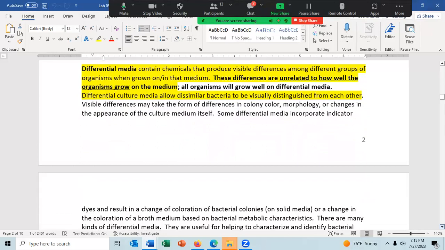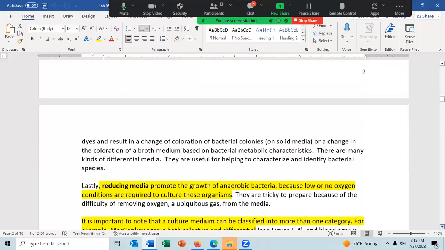But when you look at them, they can be visually distinguished from each other, meaning you have two different cells, you grow it on a differential media, and the two cells will look different or grow differently on the plates. It could be a difference in the pH. It could be a difference in just the way the media looks.